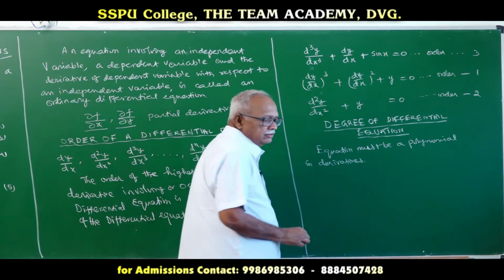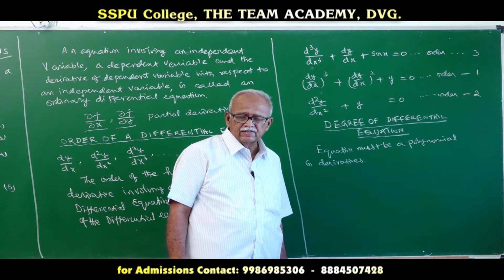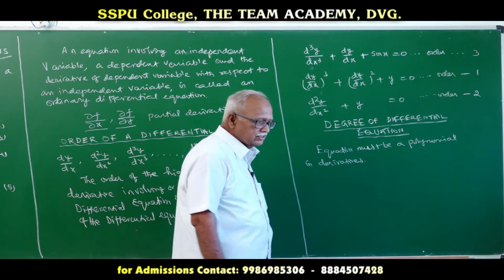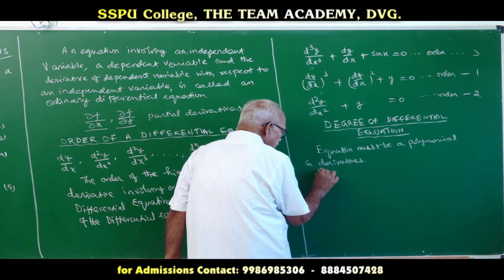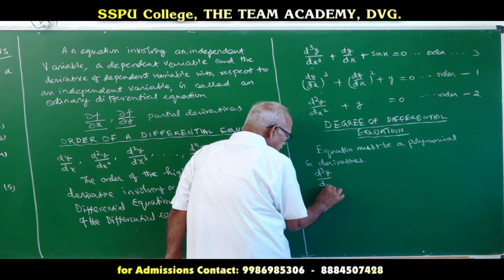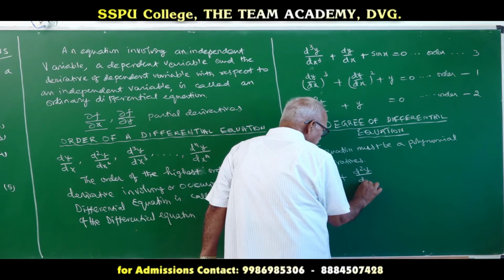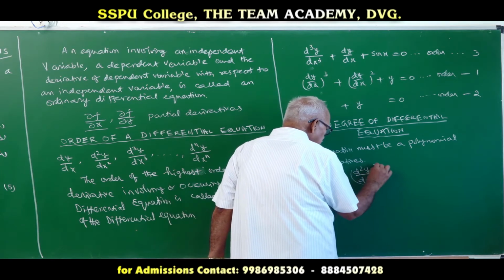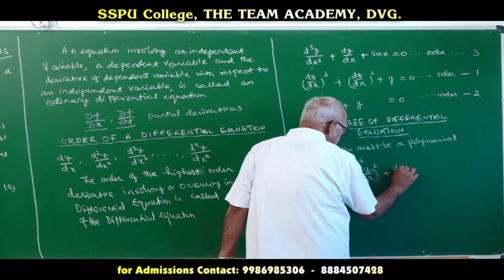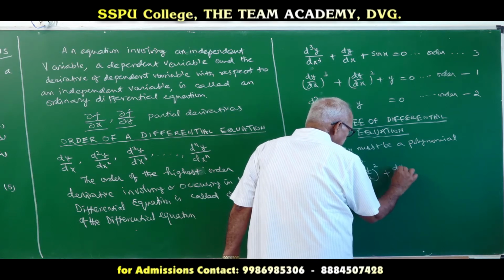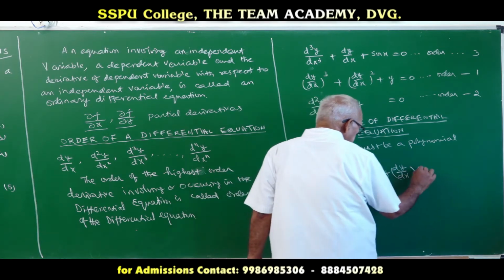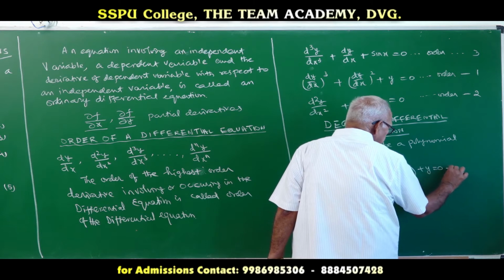Now, I will write some differential equations, then we will find out the degree of the differential equation. d cube y by dx cube plus d square y by dx square whole square plus dy by dx plus y is equal to 0.